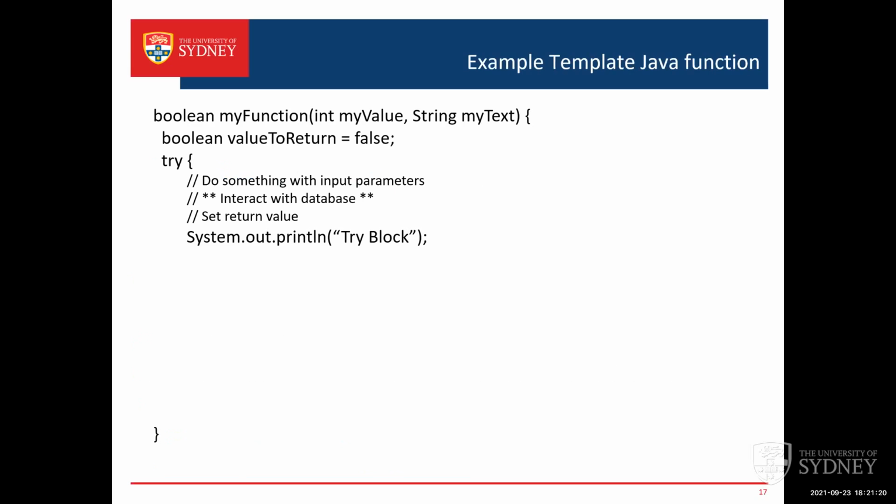Whenever we are writing any Java function, a lot of things can go wrong, especially when we are developing a database application. That's why we use a try and catch block in here, to handle all of those exceptions that might arise.